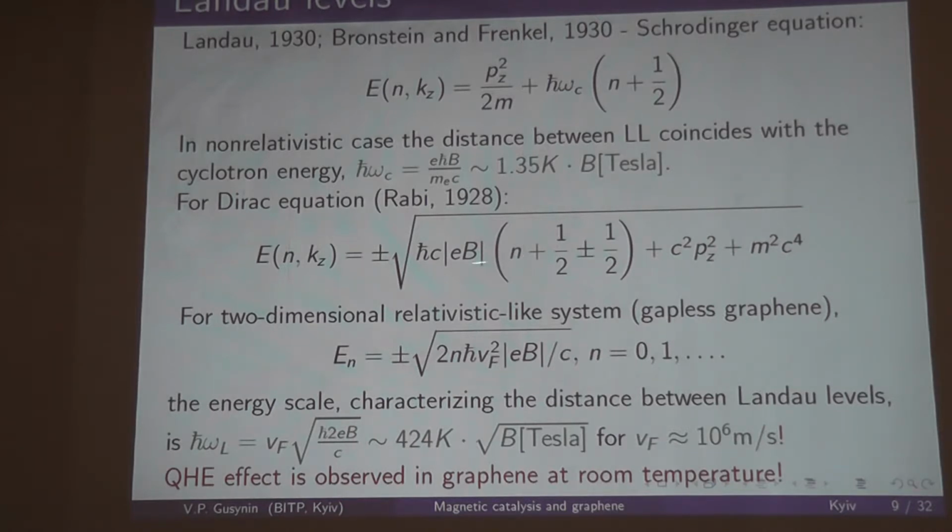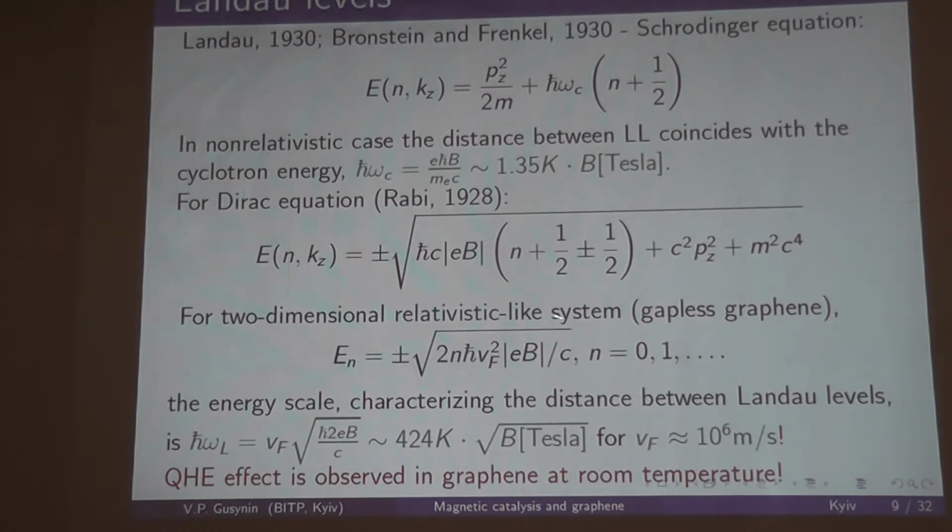But at that time, people had doubts about the existence of these negative energy solutions, and because of that, Bronstein and Frenkel decided to solve the Schrödinger equation instead of the Dirac equation. And they found independently from Landau the existence of such levels.